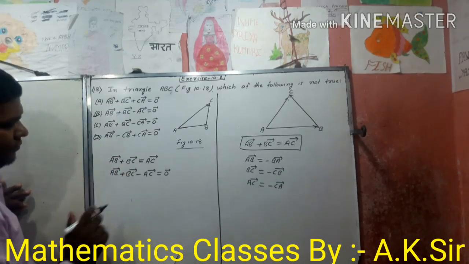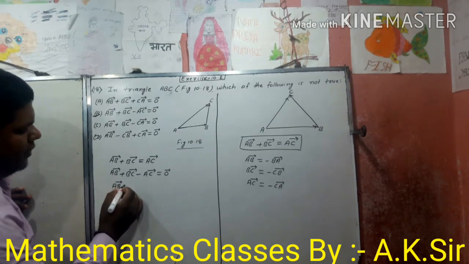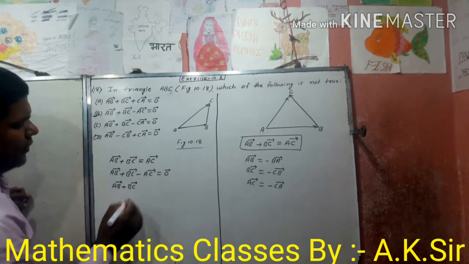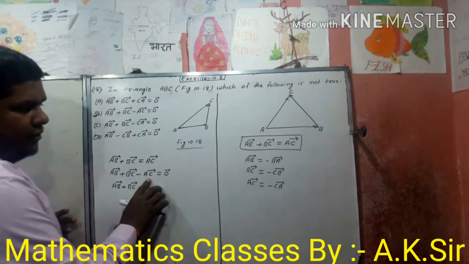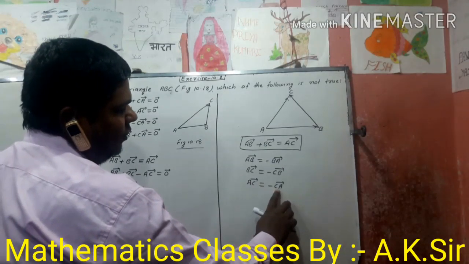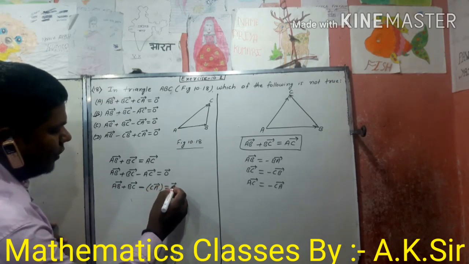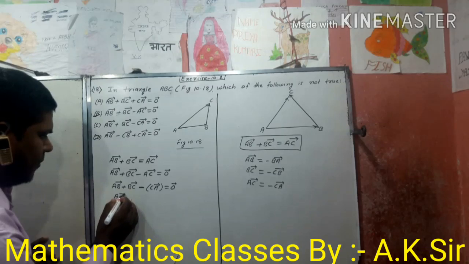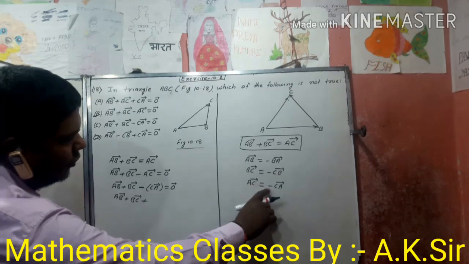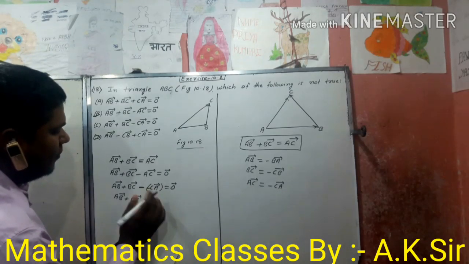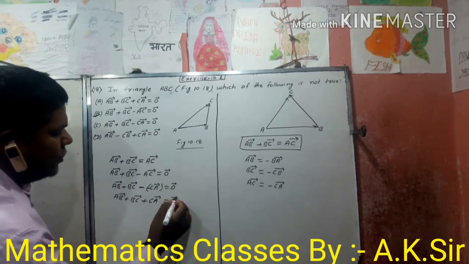We see the other options. AB vector plus BC vector minus AC vector, where AC vector is equal to minus of CA vector, so minus of minus CA vector gives plus CA vector, which is equal to 0 vector.